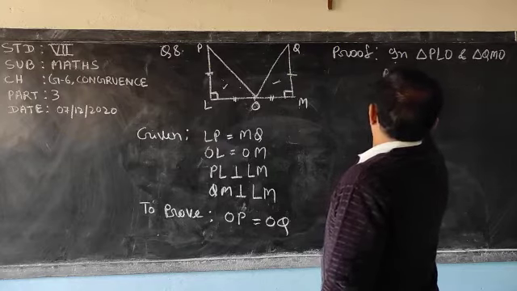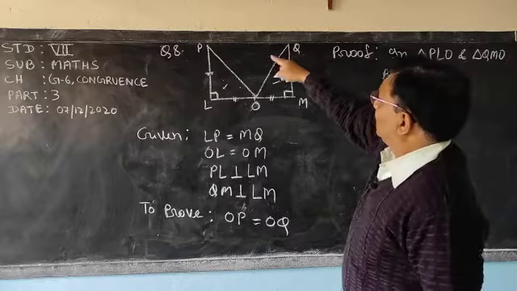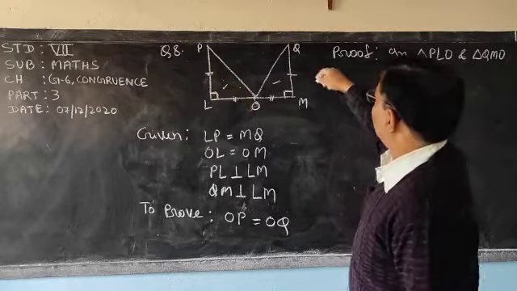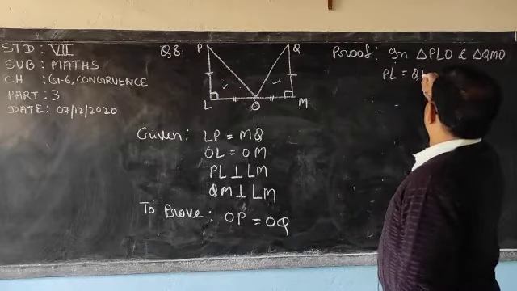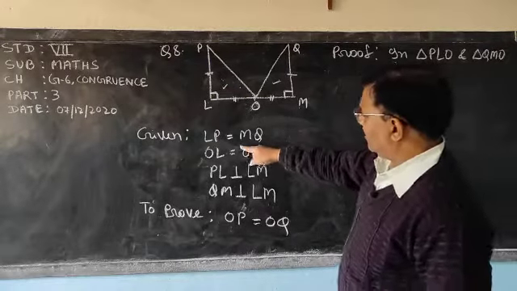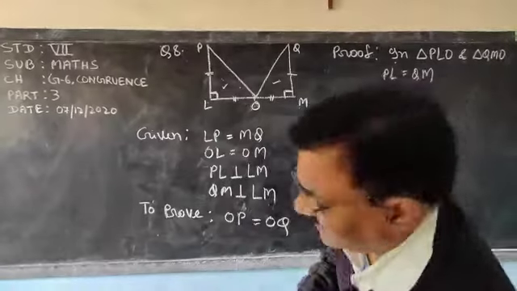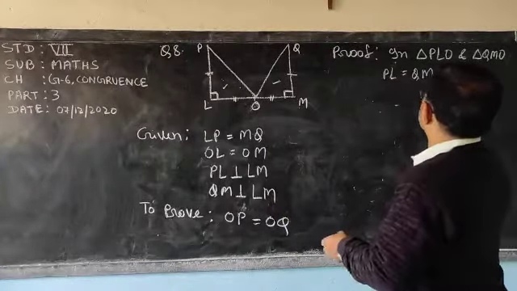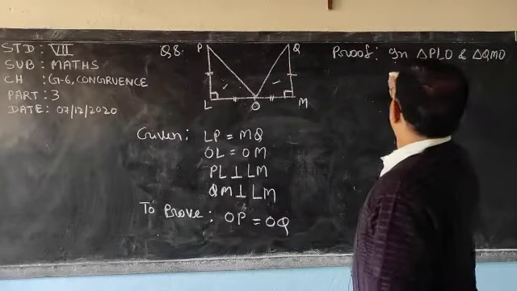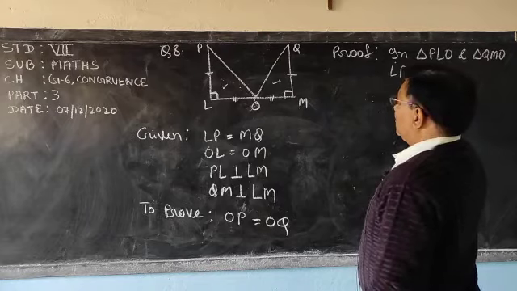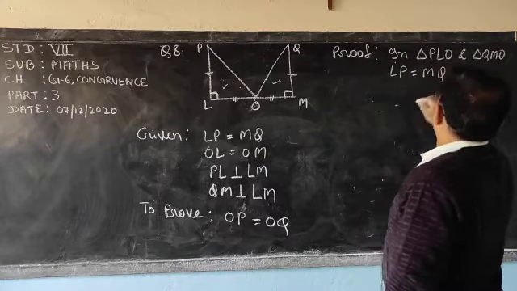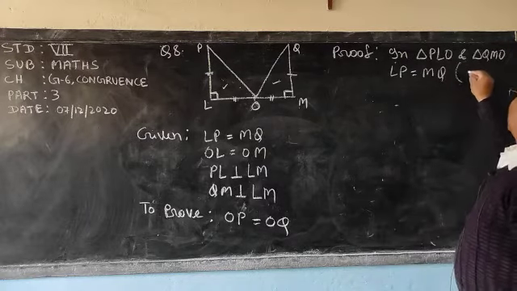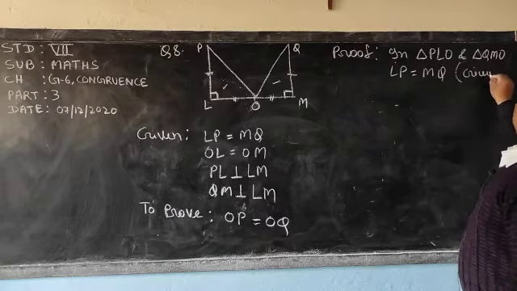PL in this triangle is equal to QM. See here, PL or LP, you can write LP also, no harm. LP is equal to MQ. What is the reason? Given.